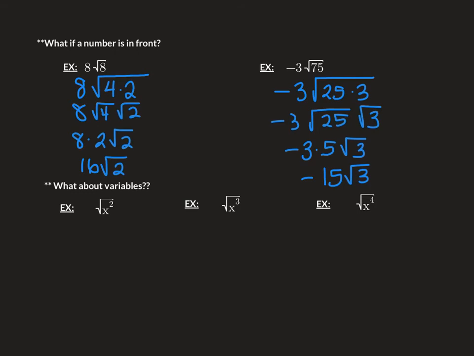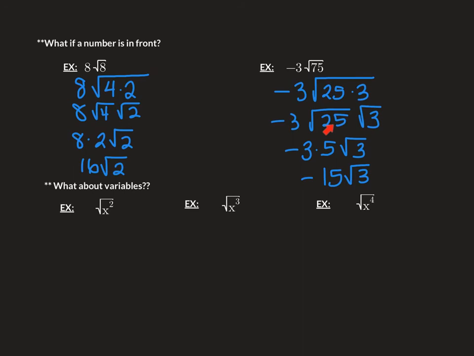So what do you think is going to happen when we deal with variables? What about variables? You know, the algebra part. Okay. Why did we use the perfect square method up above? Like, why did we get it so that it was the square root of 4? It's because we know the square root of 4, right? Because 4 is a perfect square. 25, in the second problem over there, is the perfect square.